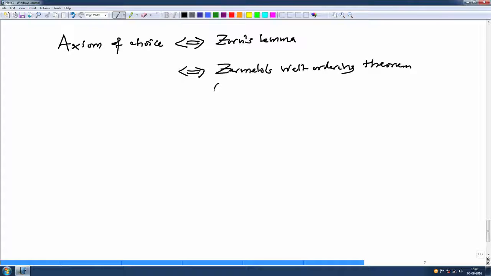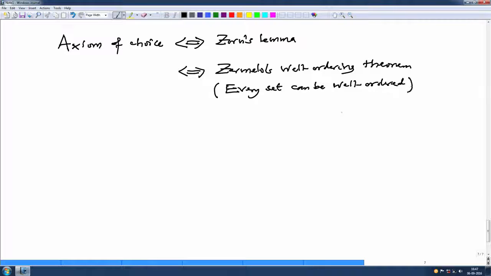Zermelo's well ordering theorem says that every set can be well ordered. That means on every set we can put an order which is a well order. Well order means every non-empty subset of that set has a minimum.